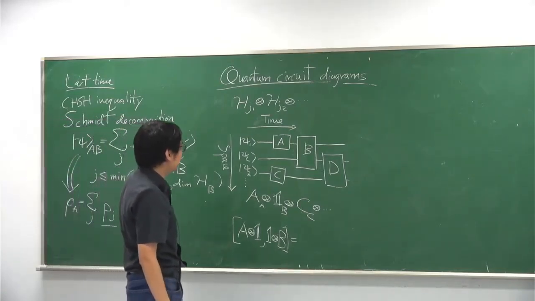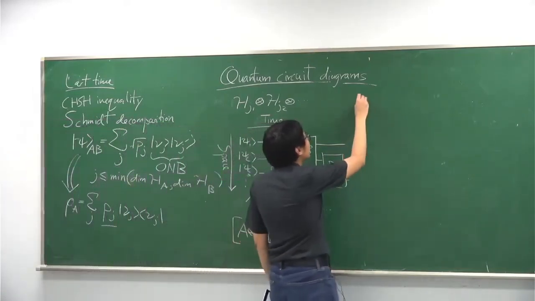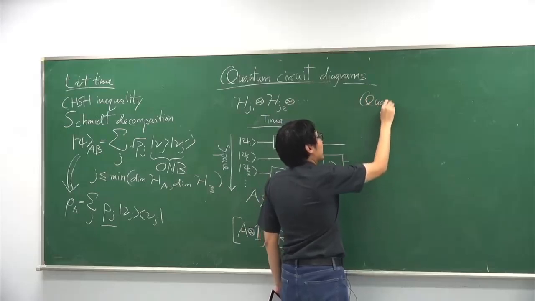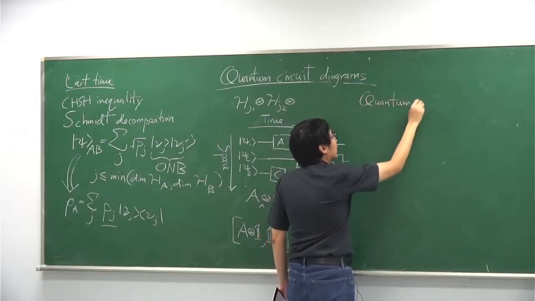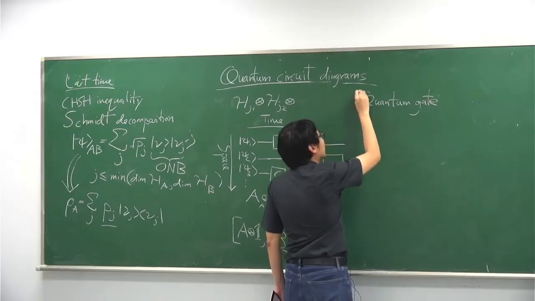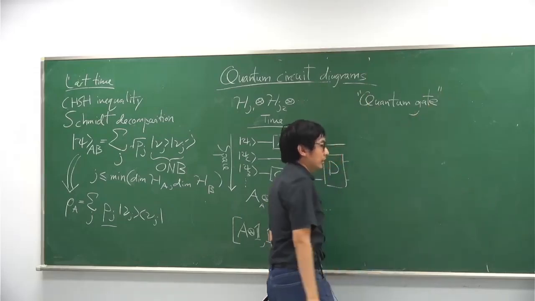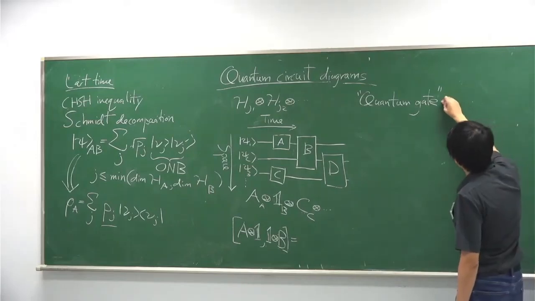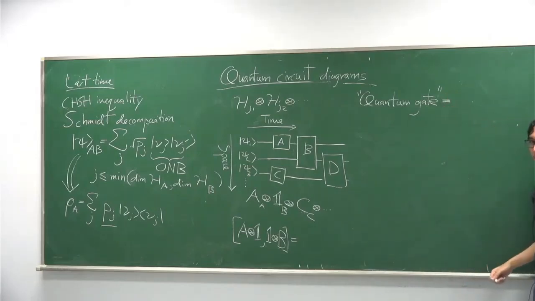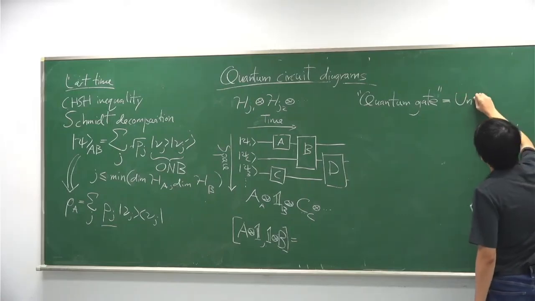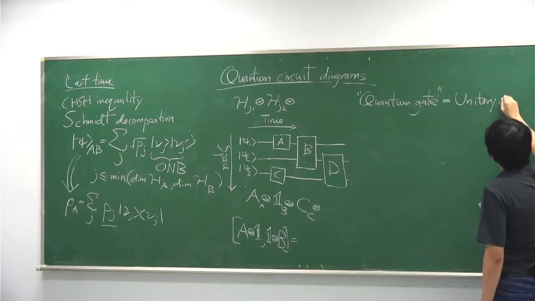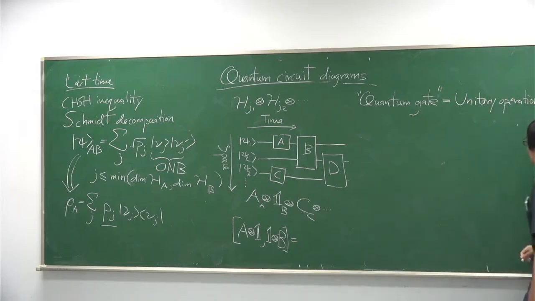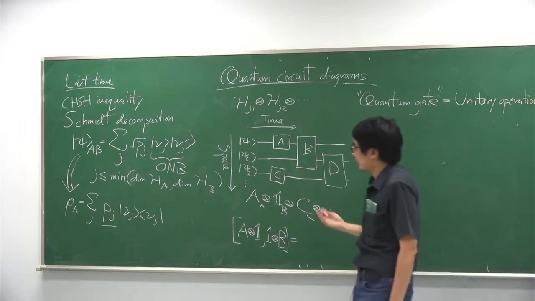And so for quantum gates, when people say quantum gates, they would mean a unitary operation that you can apply in circuits.